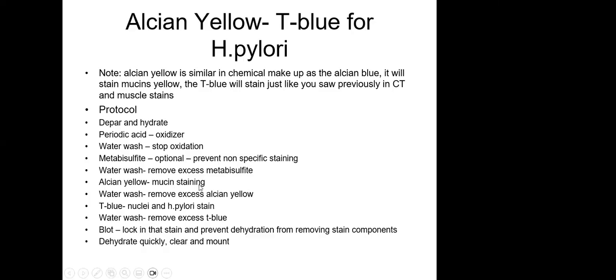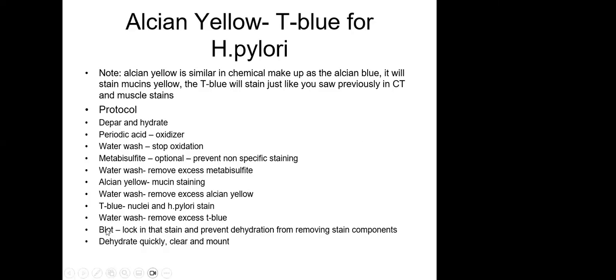So in order to do that, we're going to stain the mucin yellow first. Then we're going to water wash to remove all the excess Alcian yellow. Then we're going to stain the bugs, the H. pylori, with T blue. Now that T blue is also going to stain the nuclei that's there. Then you're going to water wash to remove that excess T blue.